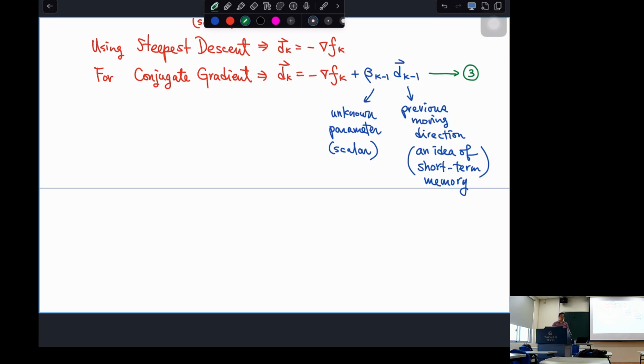We want to make these two vectors some kind of Q orthogonal. That's the goal we are trying to achieve, but this time not Q orthogonal. Let's try HK orthogonal.